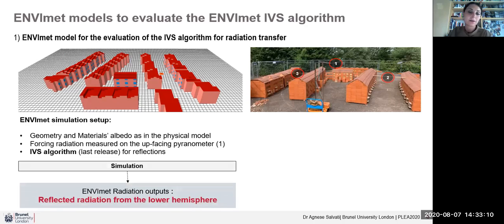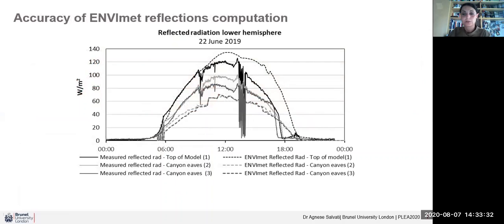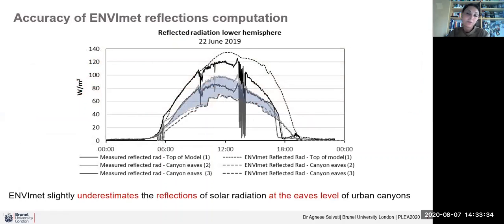The simulation of the same geometries and materials was performed with ENVI-met, and the reflected radiation from the lower hemisphere, which is an output of ENVI-met, was compared to the reflections measured by the pyranometers on the scale model. The comparison showed that ENVI-met generally performs well.